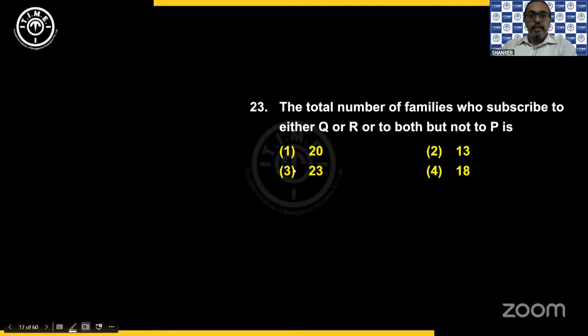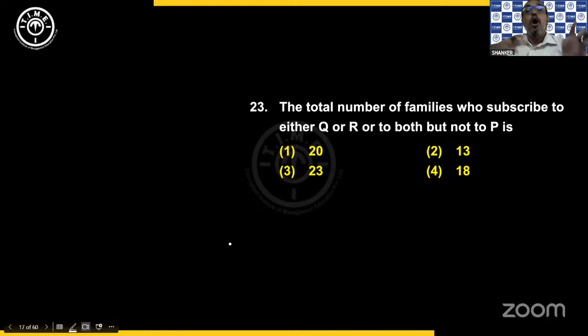Correct? The next: the total number of families who subscribe to either Q or R or to both, but not P. See, I want Q or R. Or is always union, and "and" is intersection.